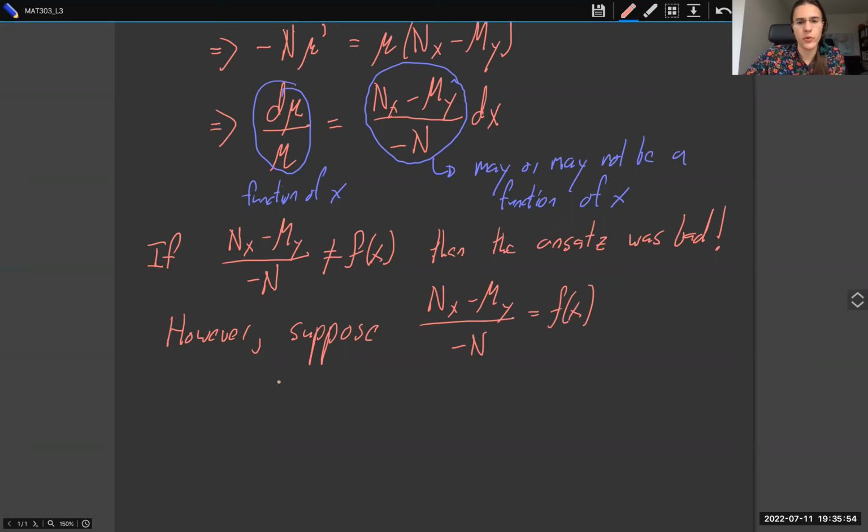Then what do we know? Or rather, I should ask another question first. If this is a function of x alone, then what kind of differential equation is this?